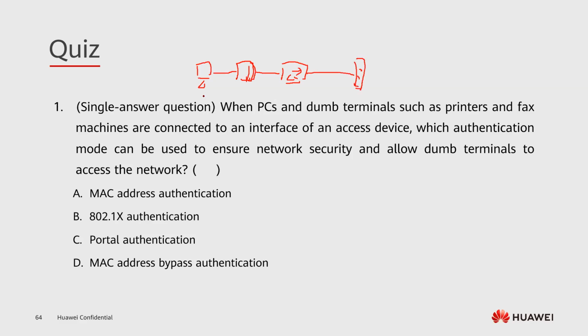So there are two kinds of terminals connected to the switches, and all of them want to meet the high security requirement. For the PC, you need to use 802.1X authentication, and for the IP phone, you need to use MAC address authentication, and all of them are bound to one interface of the switches. So you need to use MAC address bypass authentication. So the answer is D.